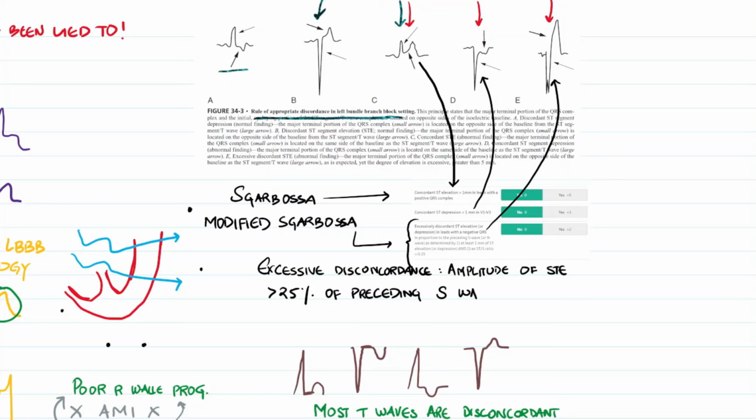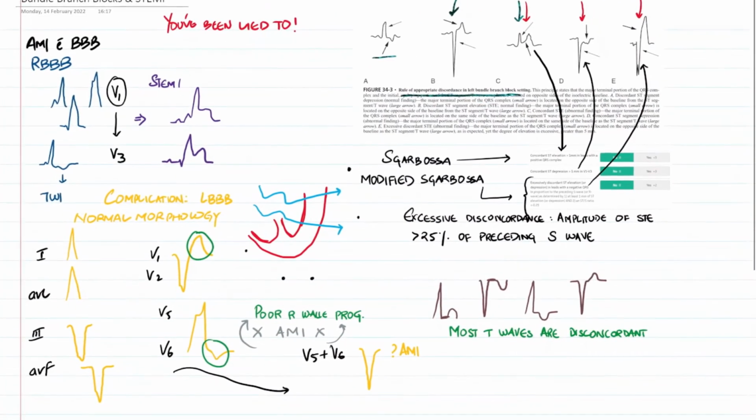This point-based score is important when assessing a left bundle branch block and trying to diagnose an acute myocardial infarction. Both of these scores hold true for a left bundle branch block and ventricular paced rhythms as well.